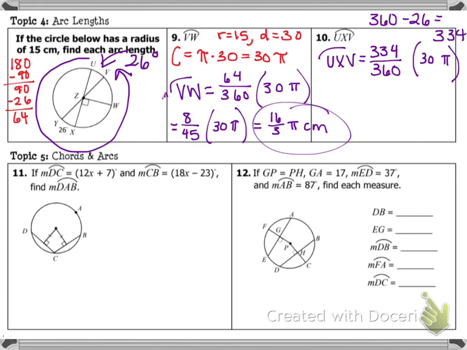Oh, this is better because now I know how to reduce 30 over 360. My zeros cancel. And then I can divide 36 by 3. That's 12.